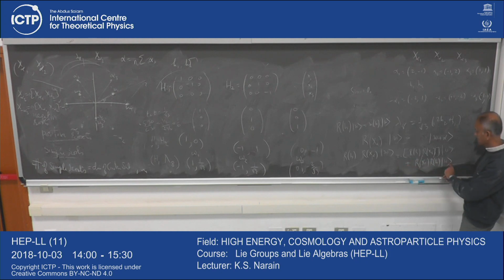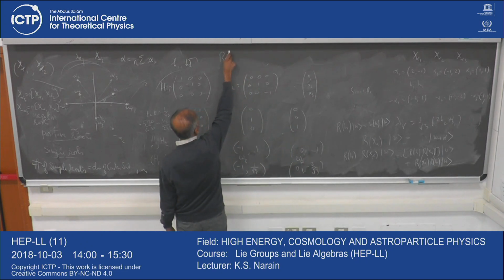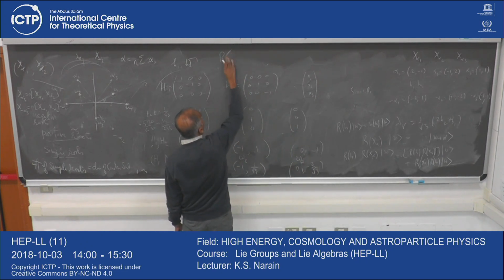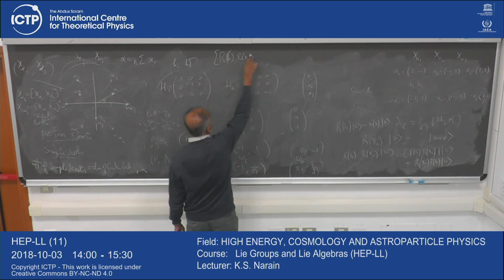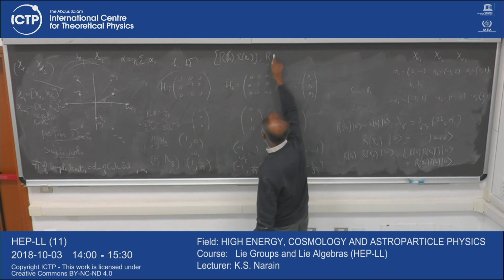Then you get back R of x alpha times W, right? But multiplied by W of H. This, on the other hand, is alpha of H times R of x alpha. Right? This is clear, right? Because we are looking at the commutator of R of H, R of x alpha. But R is supposed to preserve the Lie algebra structure. So this is the same as R of the commutator H, x alpha.